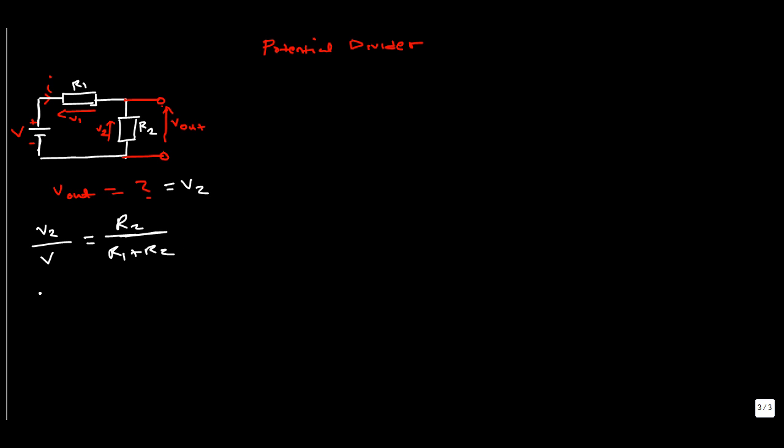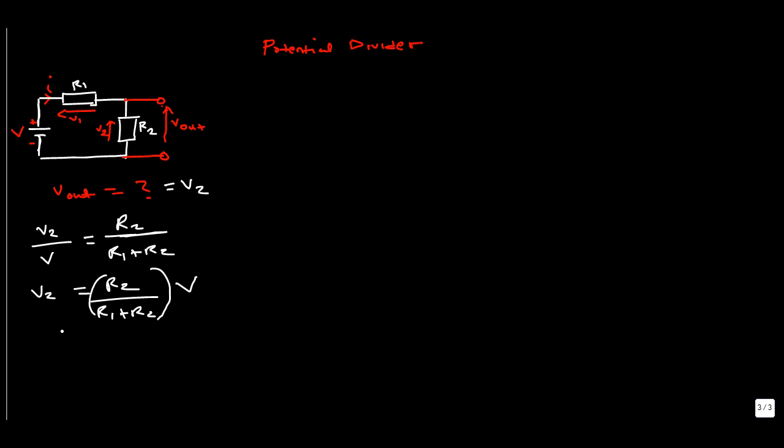And we can simplify this a bit further to say V2 is equal to R2 over R1 plus R2, in brackets, times V, by bringing this V to the other side.